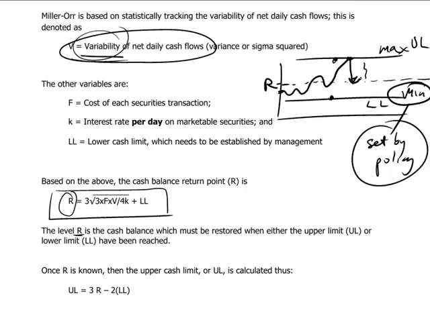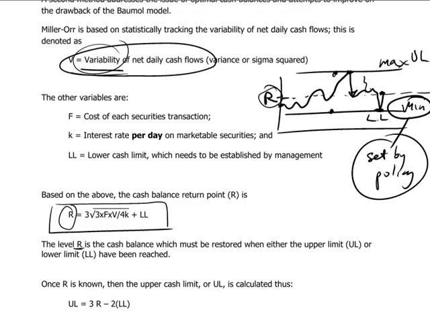If the cash moves from that point and goes down and touches the lower limit, then we also have to adjust the cash back up to the level of return, by liquidating securities to create cash and bring the balance back up. That is the idea behind the Miller-Orr model.